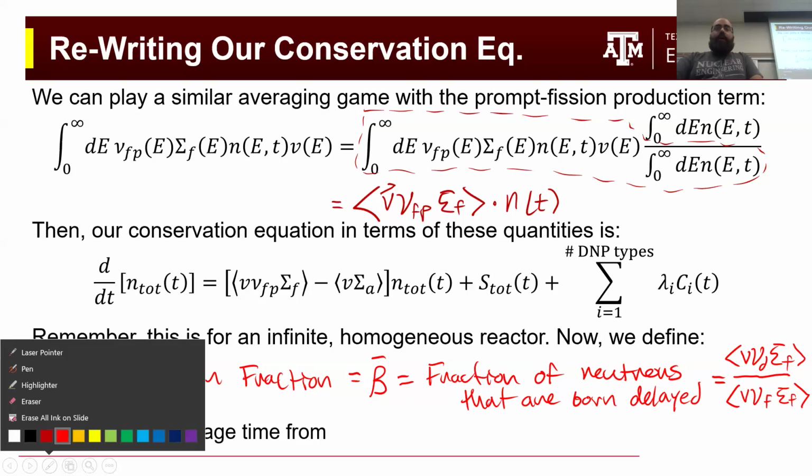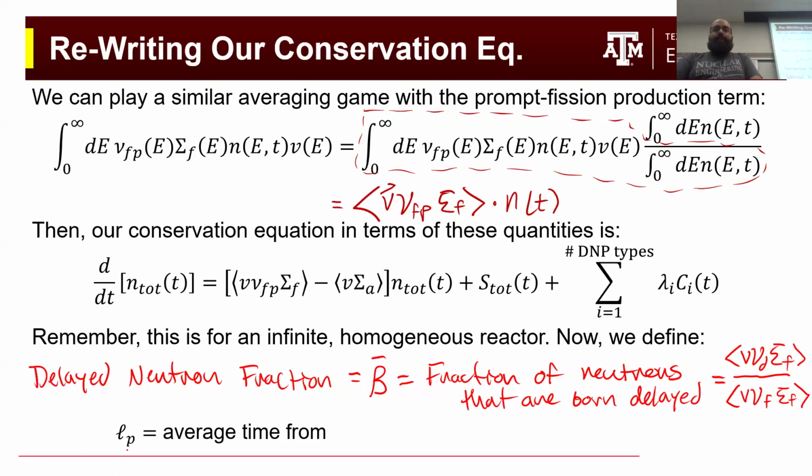And then the other thing that we're going to define is this L_P. This fancy L with a subscript P represents the average time from prompt neutron birth to absorption.